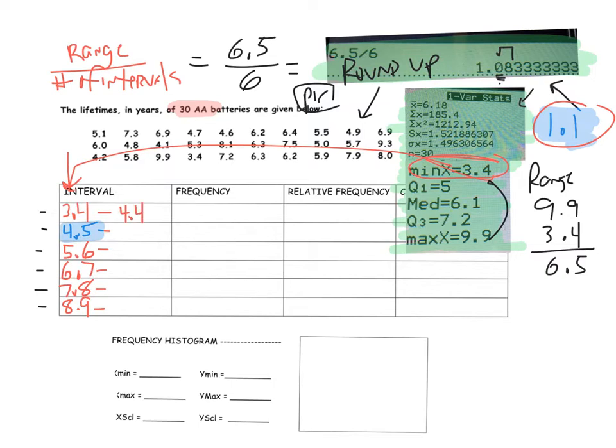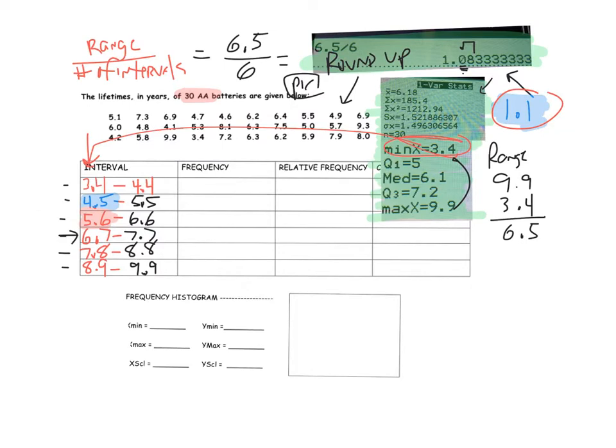Here the third interval starts at 5.6, which means the second interval has to end at 5.5 so that the next one could start at 5.6. So here this is 6.7, so the previous interval has to end at 6.6, and then 7.7, 8.8, and 9.9. So this is how you go about setting up your intervals.